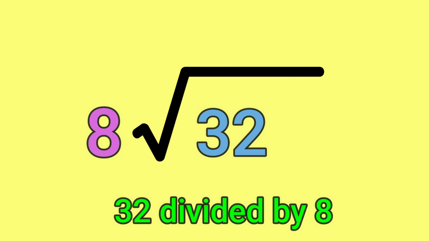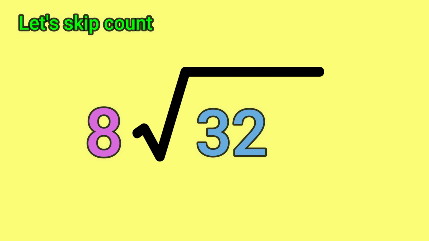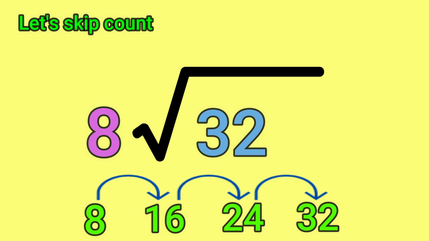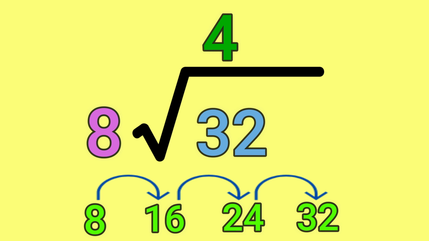If we skip count by 8s until we get to 32, we would start at 8, then go to 16, 24, and finally 32. The answer is 4 because it took us 4 eighths to get to 32. The answer to long division problems should be written above the long division bracket.